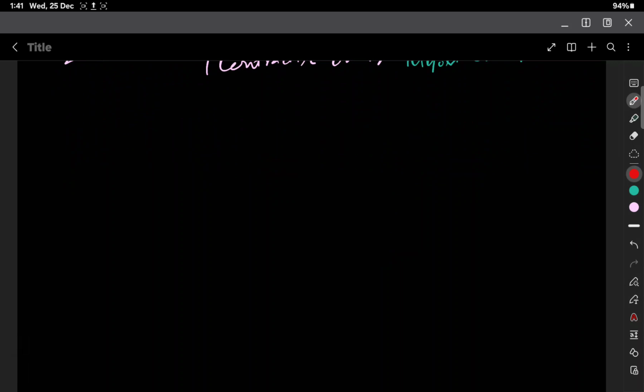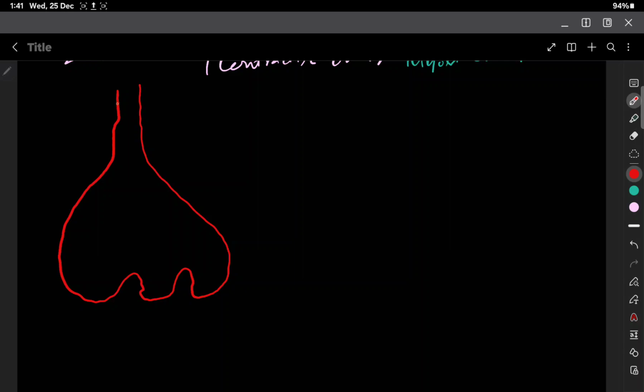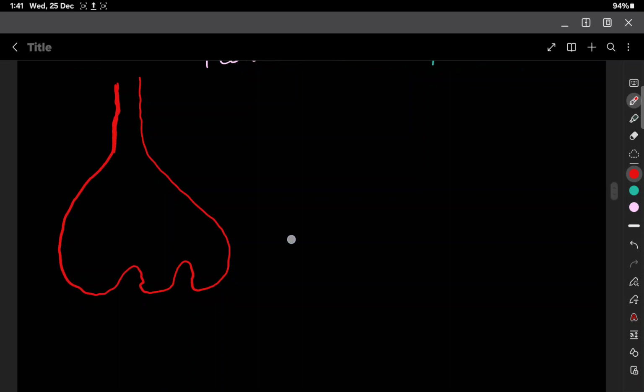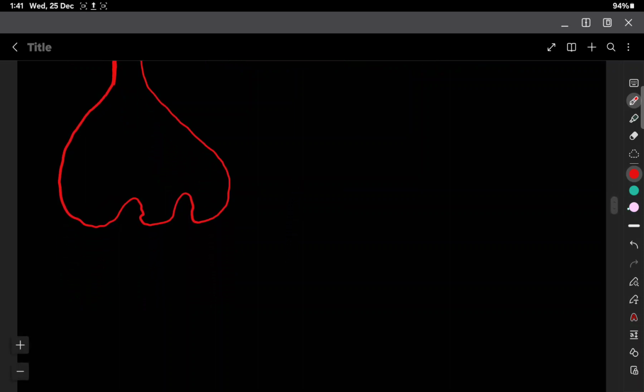So for the sliding filament theory, I will be drawing one diagram first. So this one, and with this, this is a neuromuscular junction here.